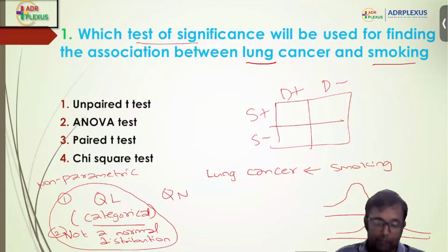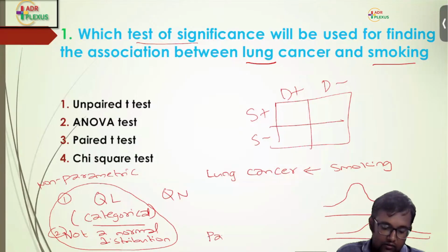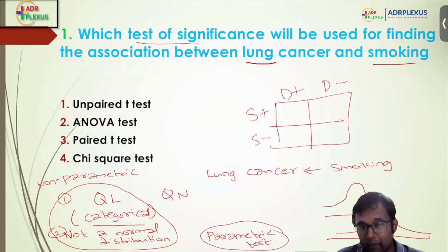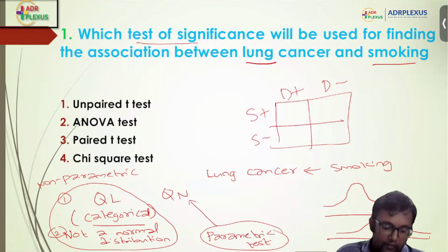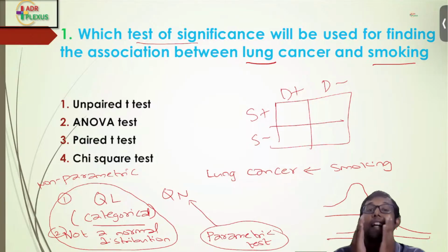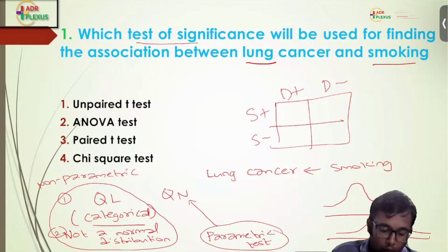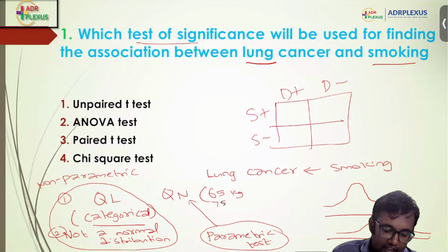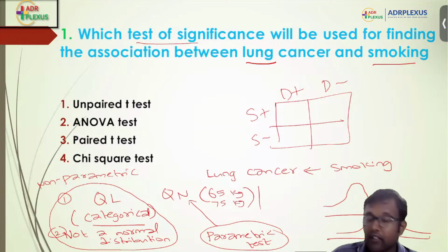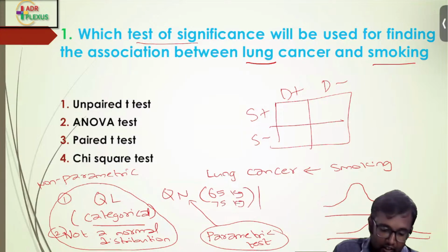Then where do we use parametric test? We use parametric test for quantitative data. Quantitative data means numbers with units. What is my weight? 65 kg, 75 kg. Number with units. Or data with a normal distribution.